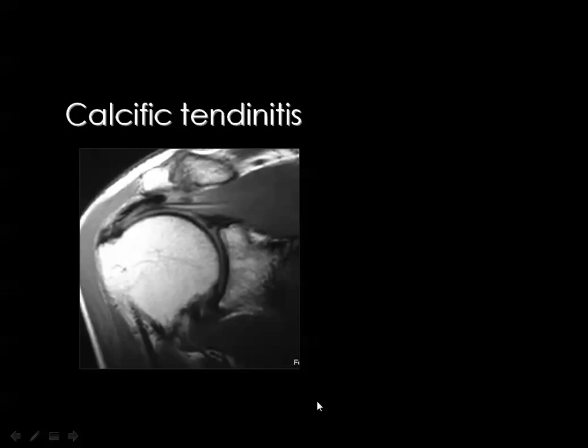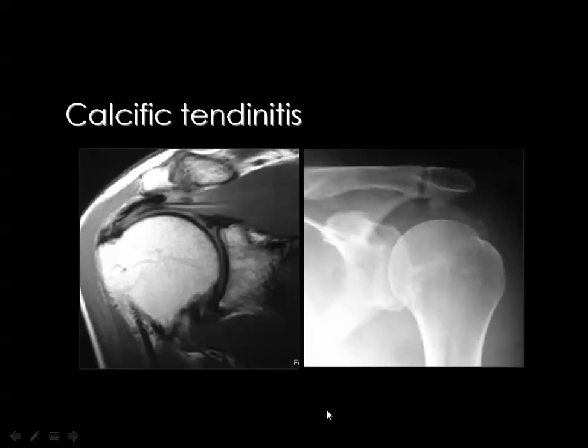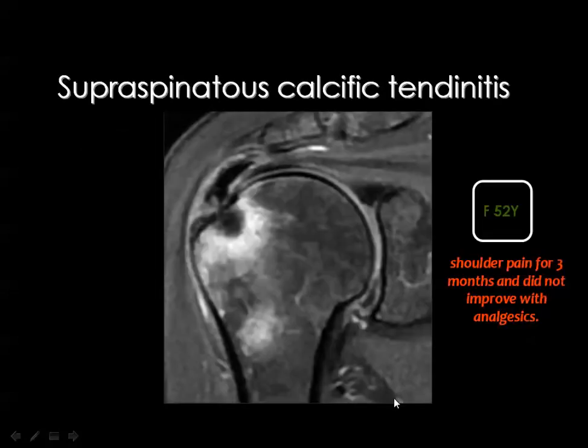And whenever you are suspecting calcific tendonitis in MR images, it's better to have the plain X-ray for this shoulder. Then you can appreciate very easily the presence of calcium within the supraspinatus tendon along its course to the greater tuberosity. And this is also calcific tendonitis seen by MRI.